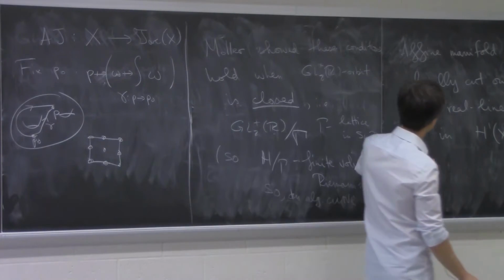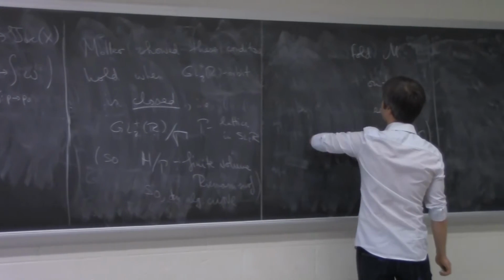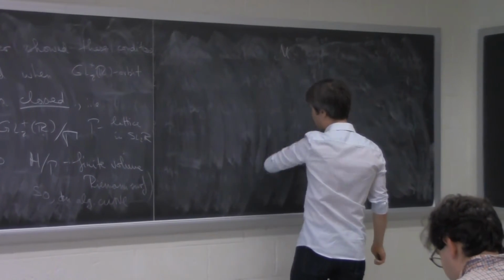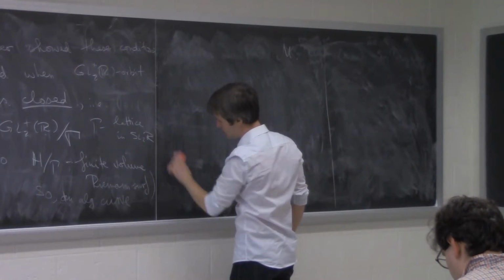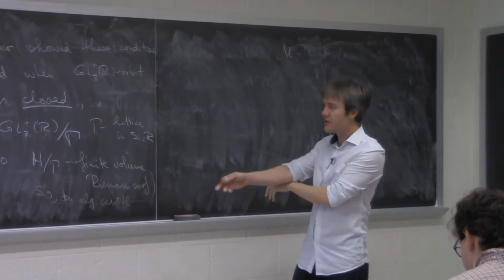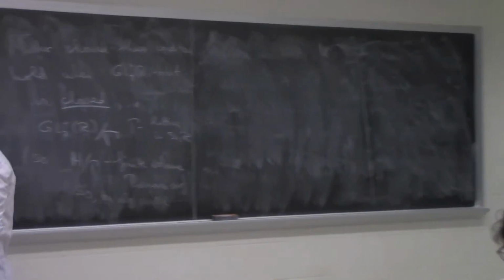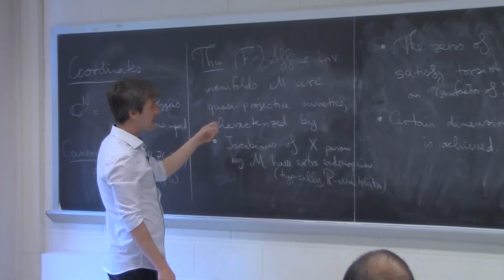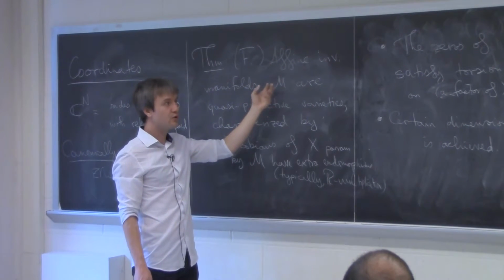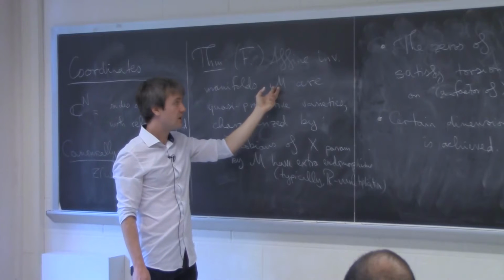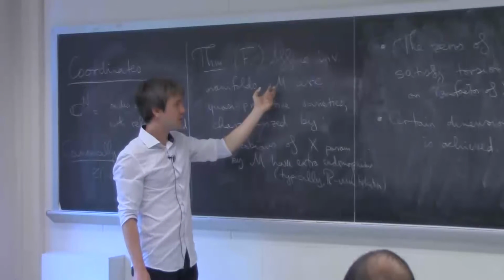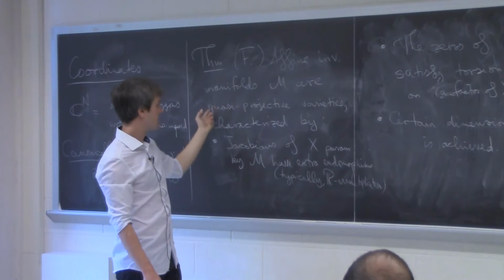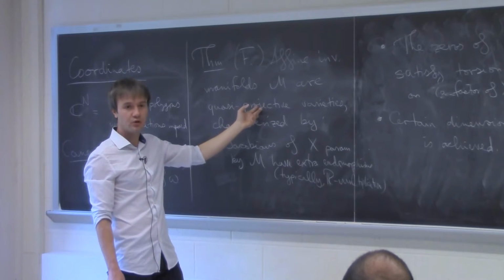So in the case when the base is an algebraic variety, or even if it's non-compact. Maybe the thing I should have emphasized here is that the key difficulty is that this affine manifold is not compact. If you knew that M is compact, then at least the first part, that it's quasi-projective, would be automatic.